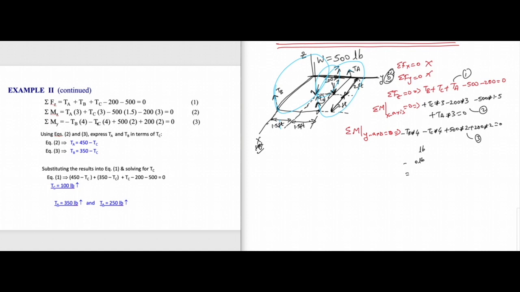So the solution is that TA is 450 minus TC. So TA seems to be 350, and I think this is a typo here. I think this is TB: 350 minus TC. This is TB. Okay, just correct that.